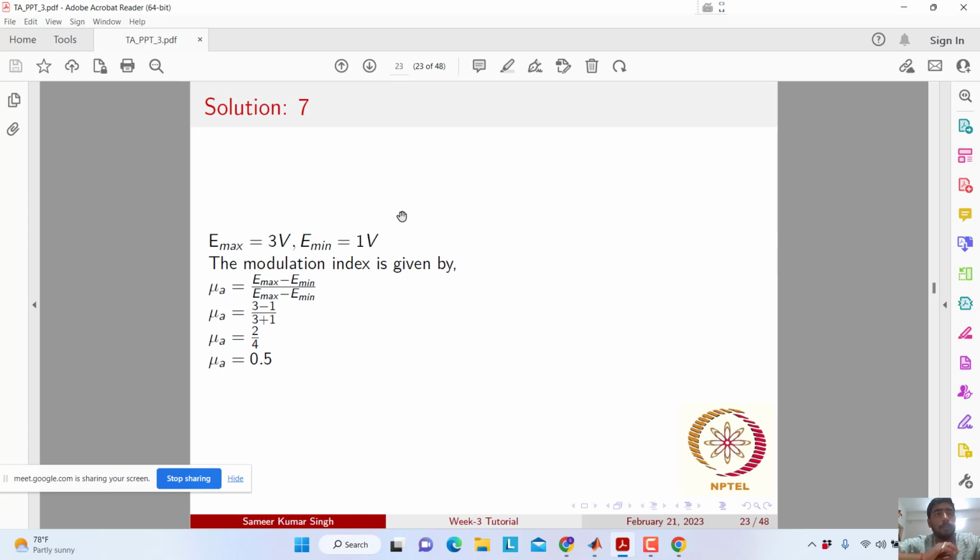Here we plotted the envelope. According to that envelope, they are saying the maximum value is 3 volt.